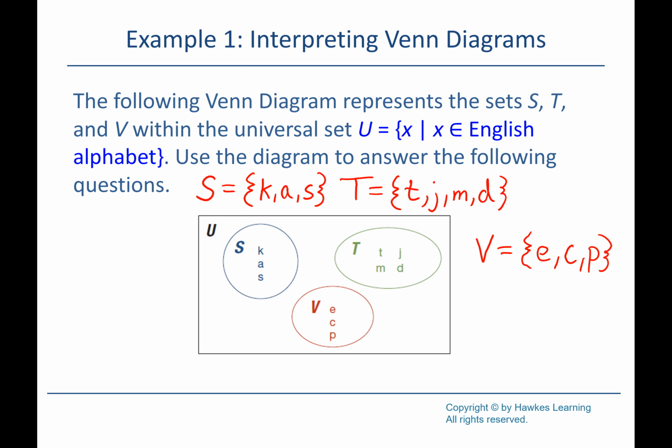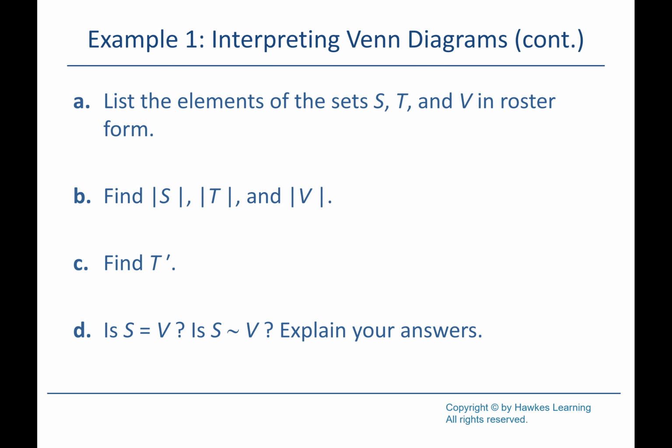All right, B, let's just look at it. You have to look at the notation here. B says find this thing for S, T, and V. Do you remember what that notation is? It's telling us to find the cardinal number, which just means how many elements we have in each set.